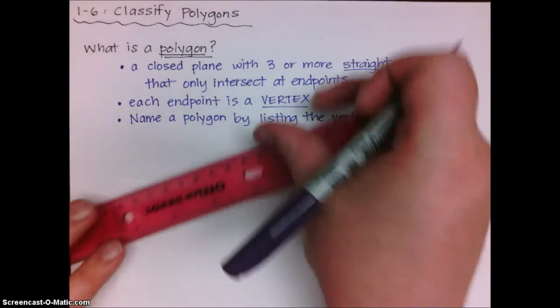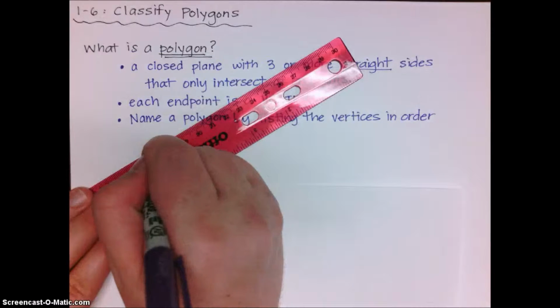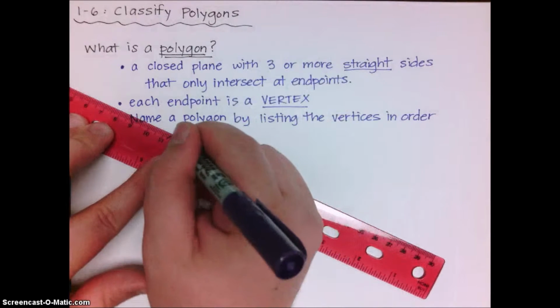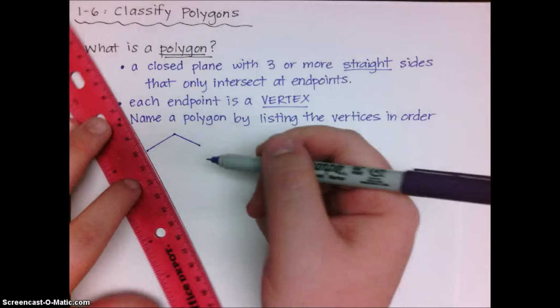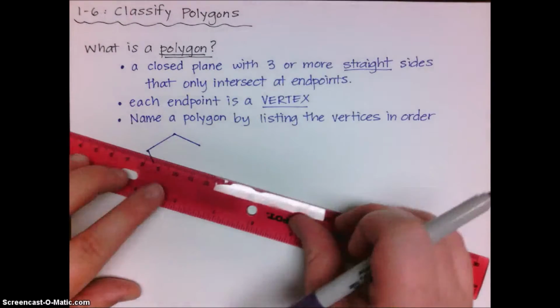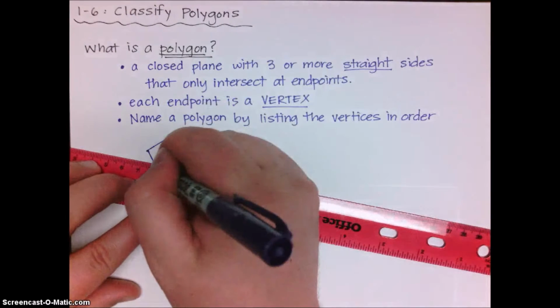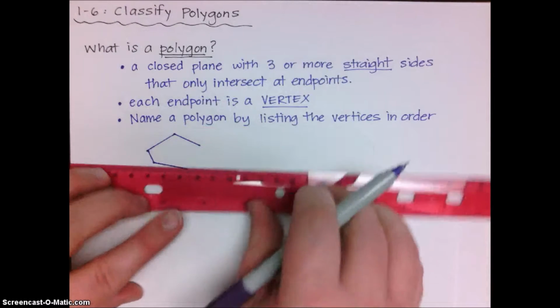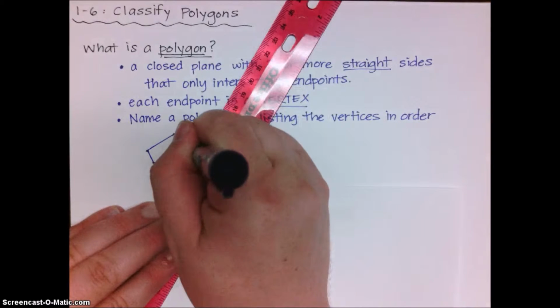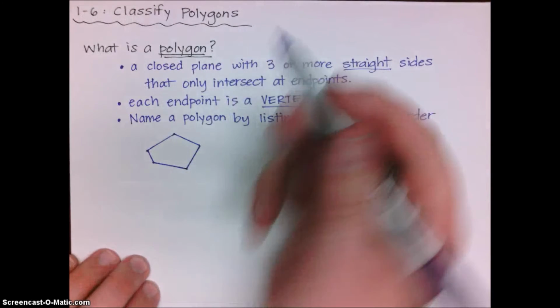I'm going to draw you a polygon. So again, it's any closed shape that has 3 or more straight sides, and those sides never cross one another. They always meet at their endpoints.